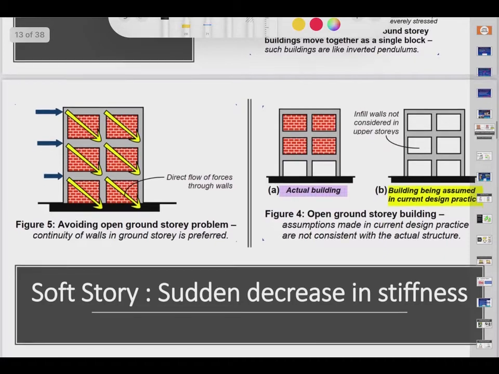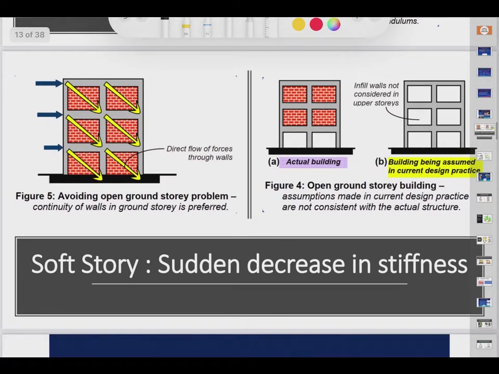Now how can this be avoided? The sudden decrease in stiffness can be avoided by avoiding the open ground story problem altogether. If we can provide some infill walls, made of masonry bricks, they provide sufficient lateral resistance, and continuity of walls in the ground story is preferred all the time.